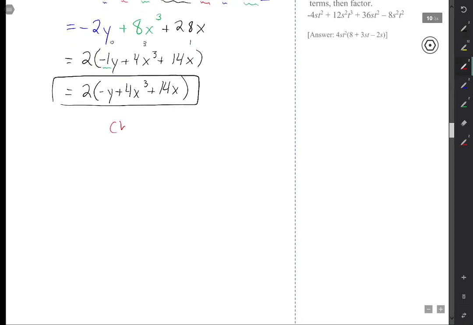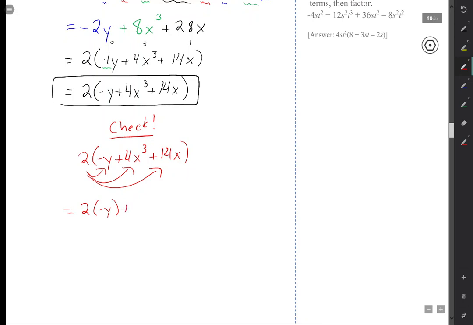And of course, we can check our answer by doing the distributive property. So if I rewrite this whole thing again, let's distribute that 2 to everything inside the brackets. So we would get 2 times negative y plus 2 times 4x cubed plus 2 times 14x.